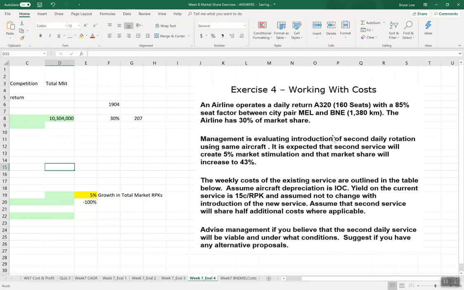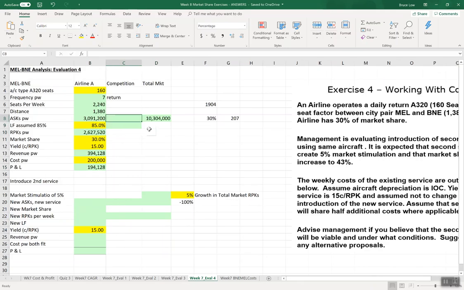So management is evaluating introducing a second daily service using the same aircraft. It's expected the second service will create 5% market stimulation and the market share will increase to... Okay, so let's work out the competition as well. So the total market minus Airline A will give you your competition. Let's assume we said 30% market share.